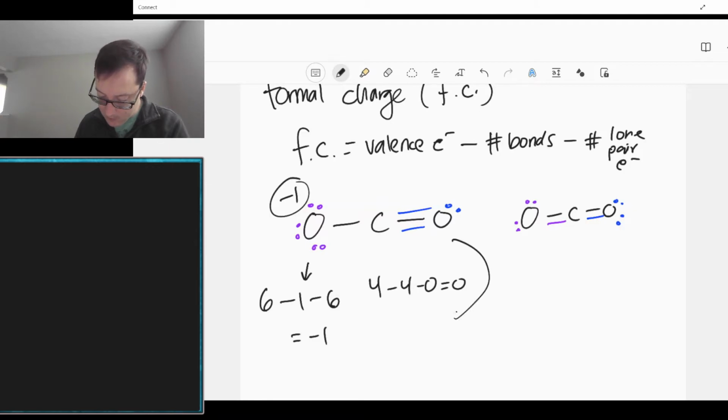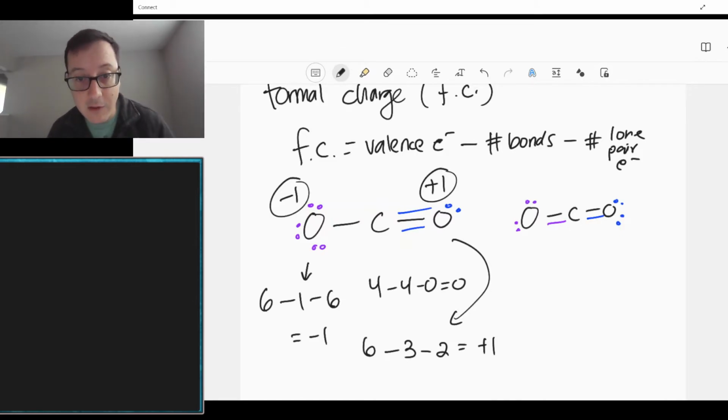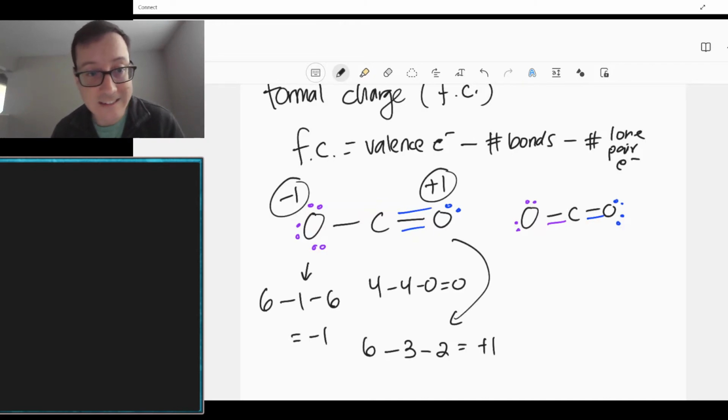The other oxygen, though, has 6 valence electrons, minus 3 bonds, minus 2 lone pair electrons, is +1. So overall, that oxygen has a positive charge and the one on the left has a negative charge. Those are formal charges. They are destabilizing. We don't like formal charges. Notice, however, that they cancel out, right? We have a -1 and a +1 in the same molecule, so overall our molecule is neutral.